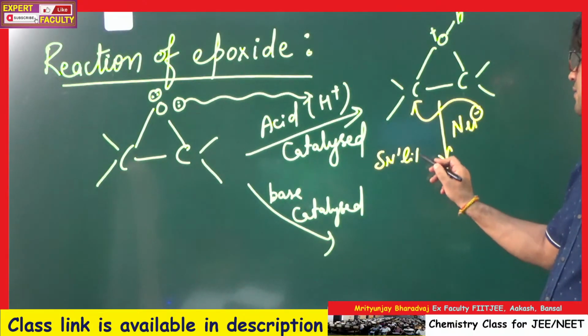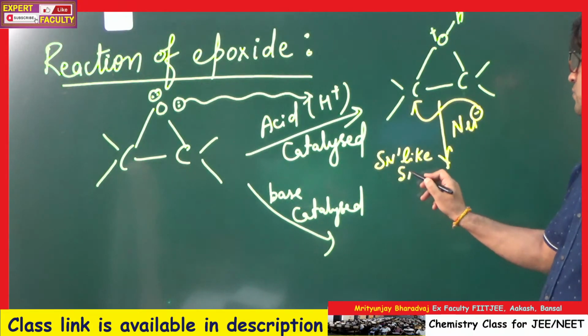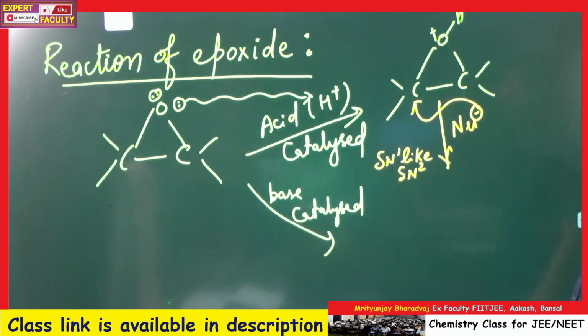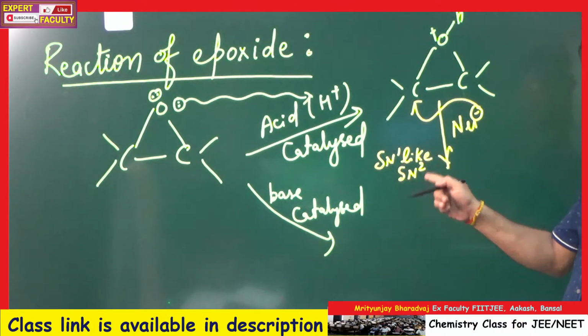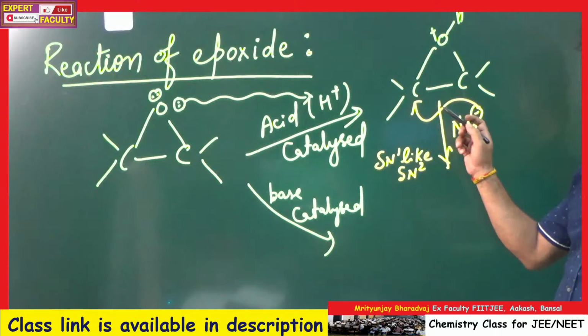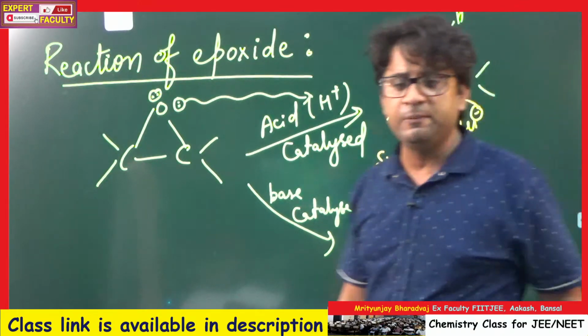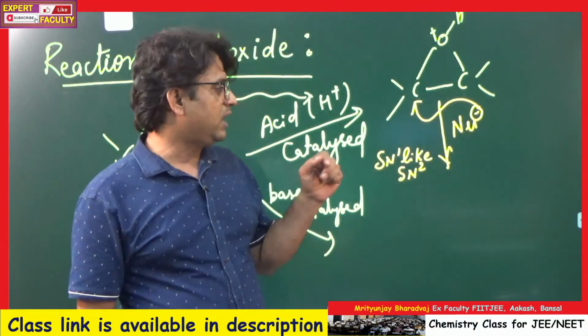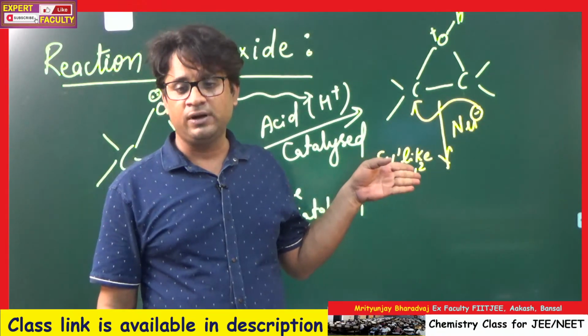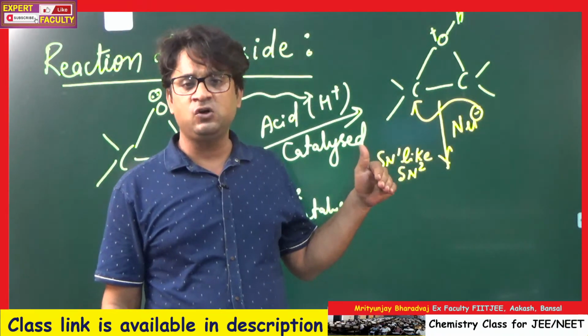And this nucleophilic attack will be SN1-like SN2. SN1-like SN2 means the property will be defined by SN1, but the approach will be like SN2. What is the difference between SN1 and SN2?